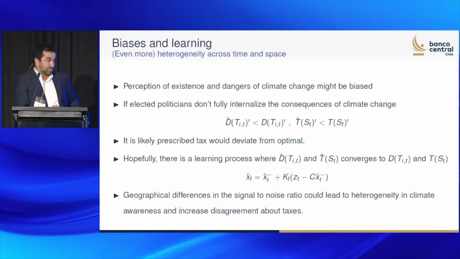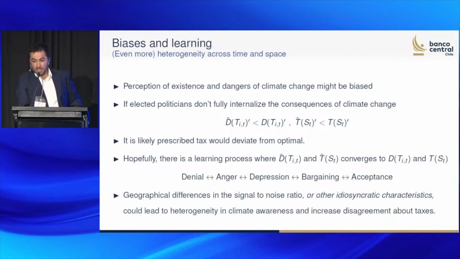Maybe people, especially with things like climate change, don't behave like optimal signal extraction agents, and behave more like the 5 stages of grief. Maybe they start with denial, slowly go through anger, asking why this is happening and who's guilty, and then go back and forth and eventually get to acceptance that this is a real deal.